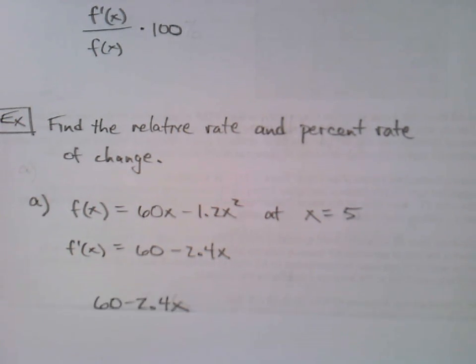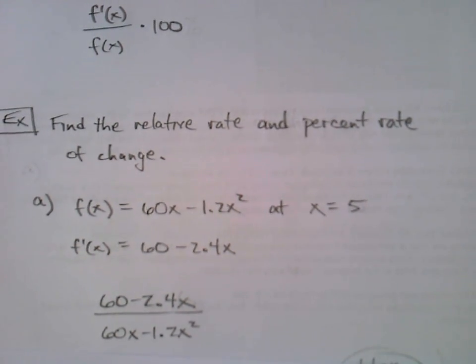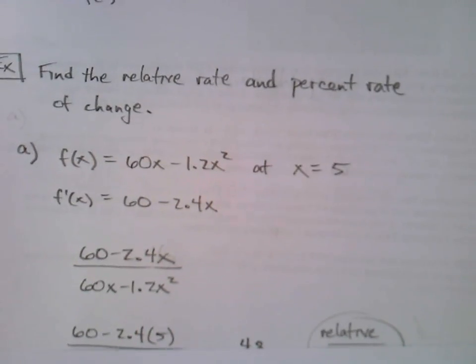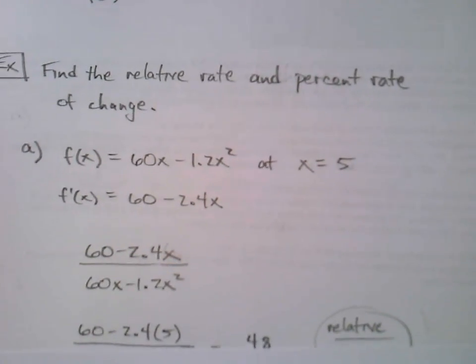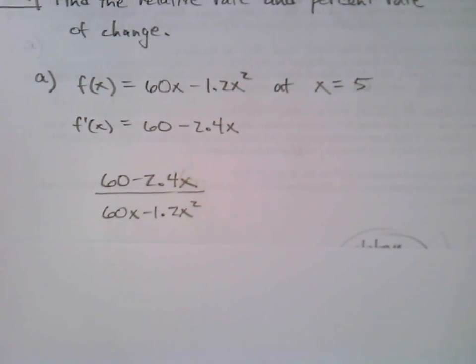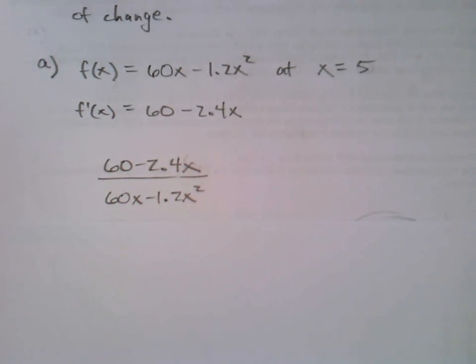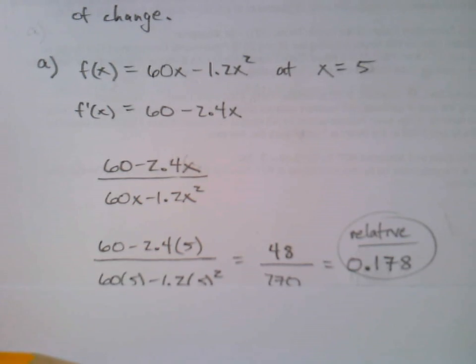And so if we take the ratio to get the relative rate, we'll take the derivative divided by the original. Of course, we want to plug in 5. So we'll plug 5 into the derivative, we'll plug 5 into the original, divide them, and there you go.